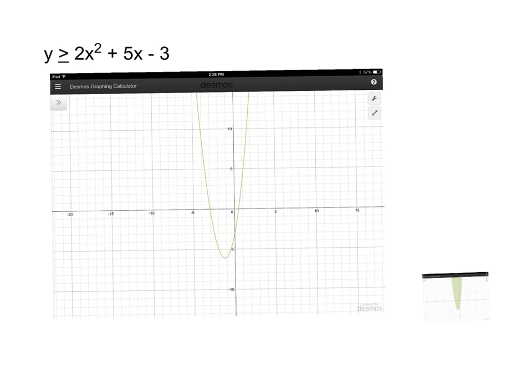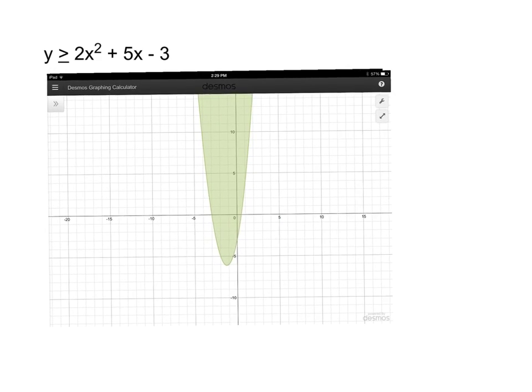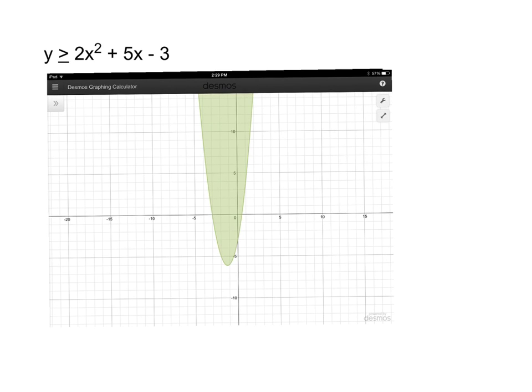You're graphing the boundary line, y is equal to 2x squared plus 5x minus 3, which looks like this. Then put that inequality sign in there, the greater than, and you end up with it shading the inside of the parabola. So all of the points that are inside or on the parabola itself satisfy that inequality.